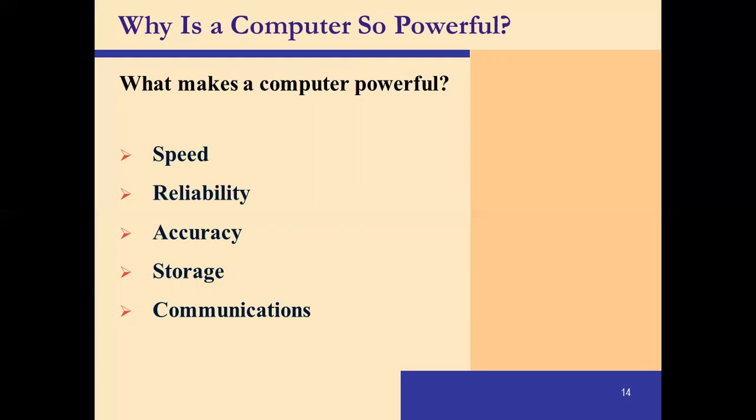And accurate, it gives you very accurate output as per your desire. Like a calculation, you calculate something on a computer in its calculator, it gives you an accurate answer. There is very less chance that it is not a correct answer.